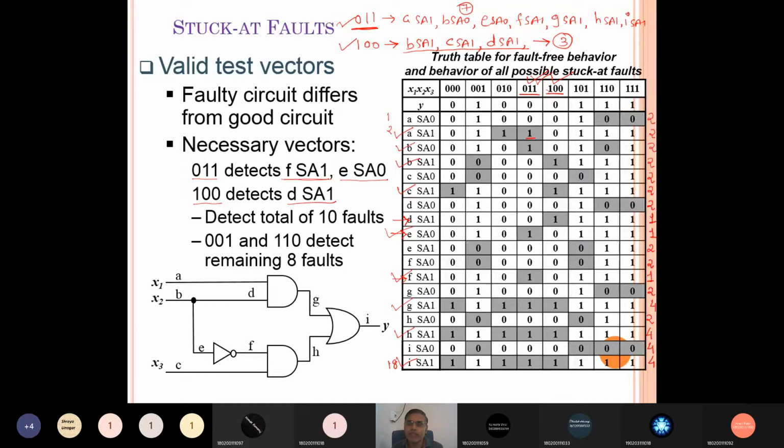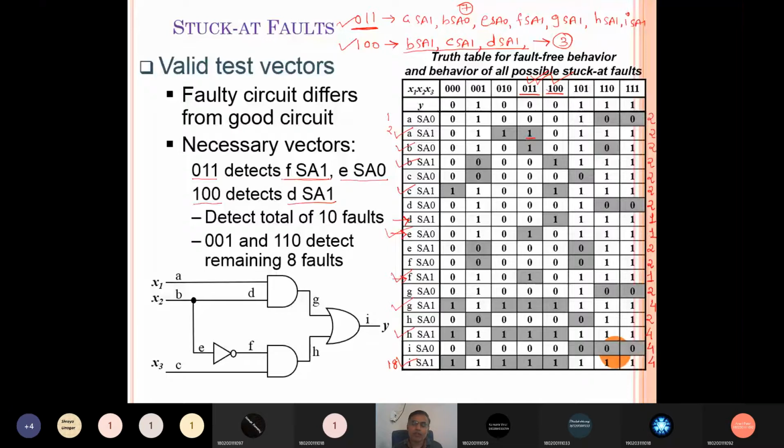So we have to identify those prime, essential test patterns. Then we have to see, if we pick that essential test pattern, what other faults can also be detected by that essential test pattern, right?